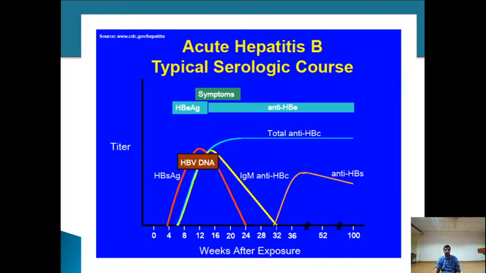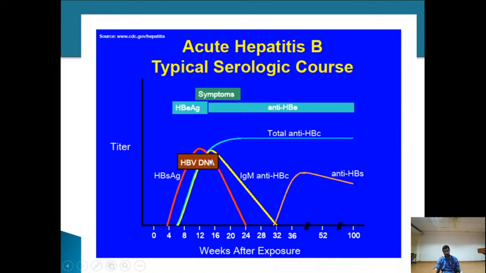Okay, so here see, initially post-infection, hepatitis B surface antigen will be released into the blood. It will reach a peak by 12 weeks. After that, the hepatitis B surface antigen keeps on decreasing because there will be increasing antibody in the blood, but as such your antibody will not be detected yet because you need to have free antibody, more antibody than antigen.